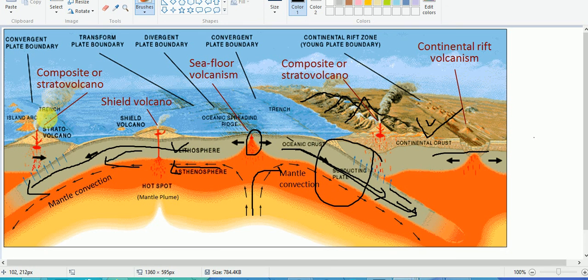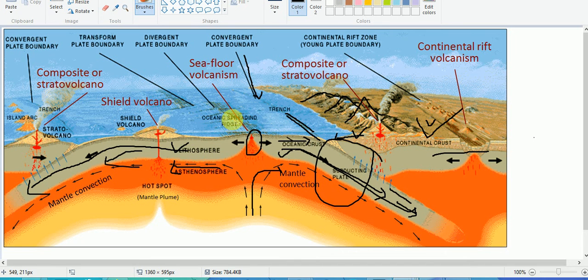One more concept related to plate tectonics is the plate boundary, the meeting place between two plates. Here this is the continental plate and this is the oceanic plate, and these two plates are coming towards a common point. This plate boundary is known as a convergent plate boundary.